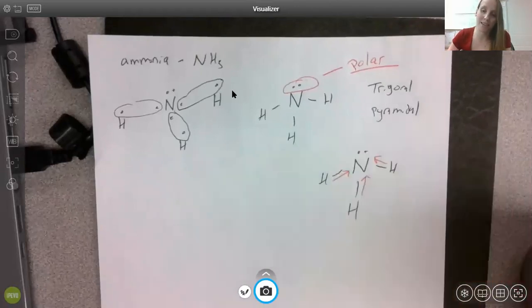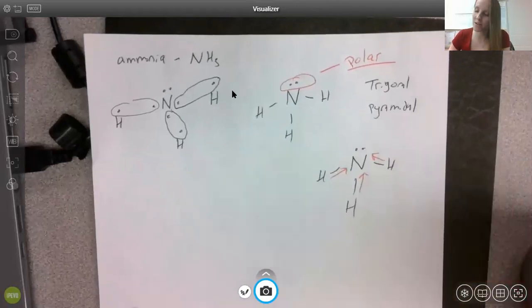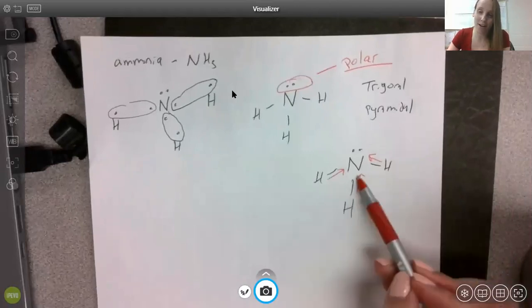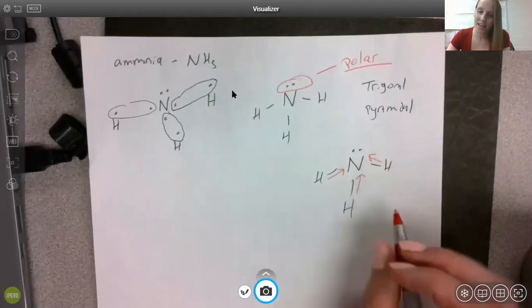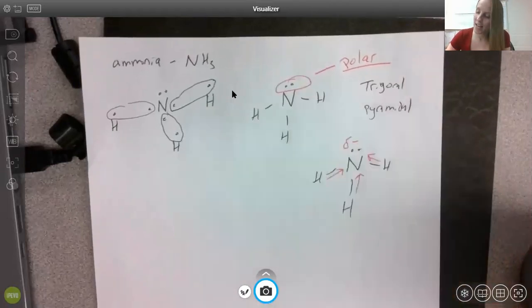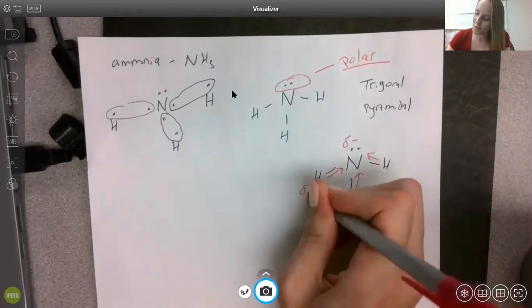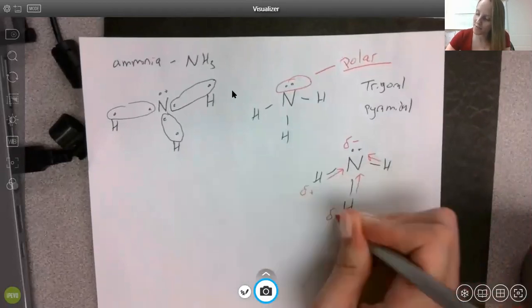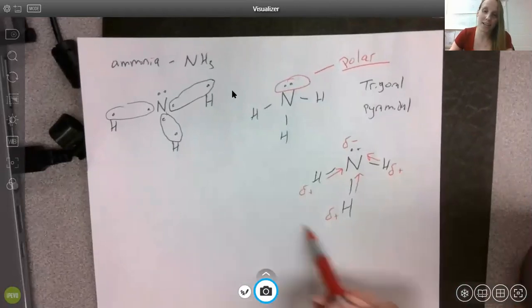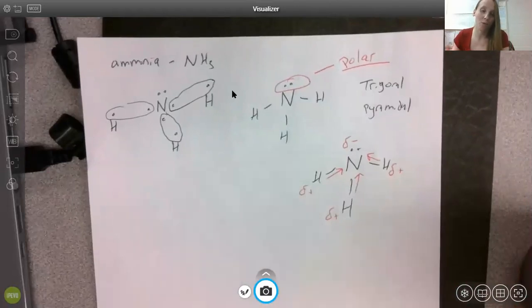And so I would represent that with arrows beside each bond. And then because the nitrogen is hogging all of these electrons, the nitrogen would become slightly negative and all of the hydrogens would become slightly positive. Okay, so this is what it would need to look like if I asked you to draw the polarity of this.